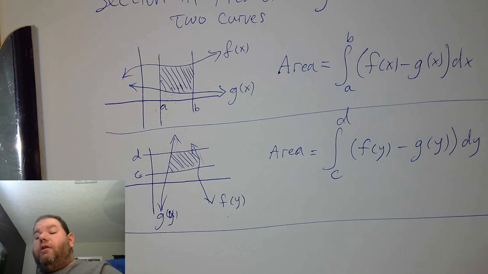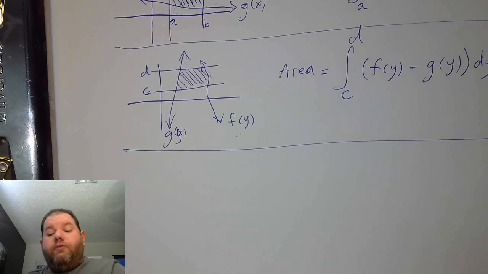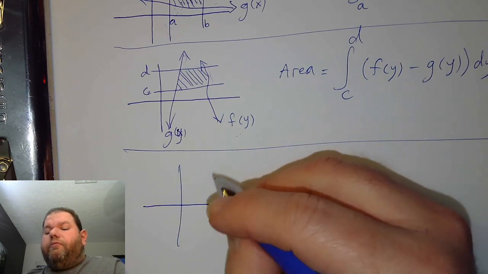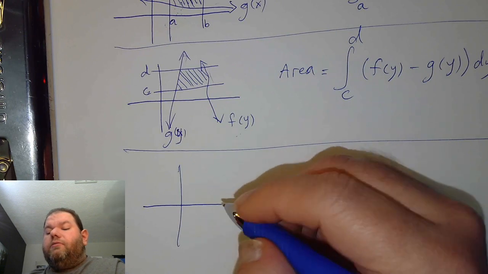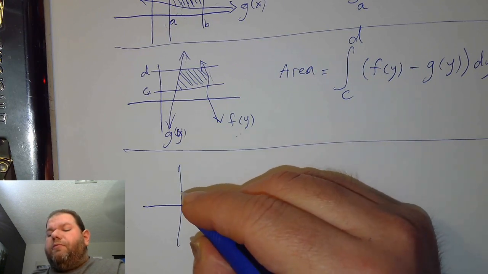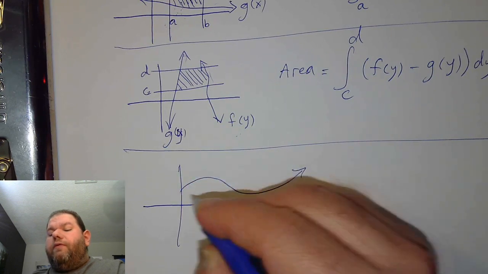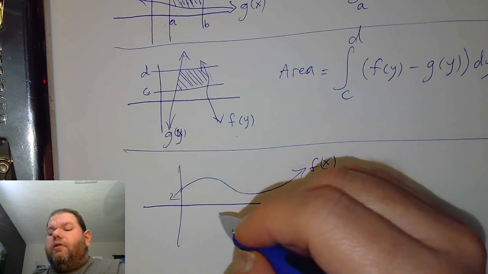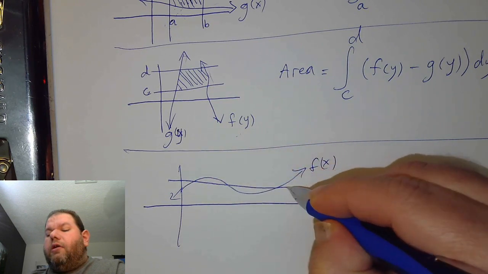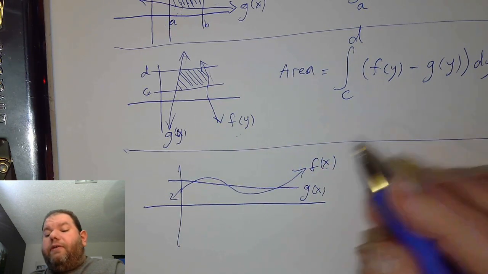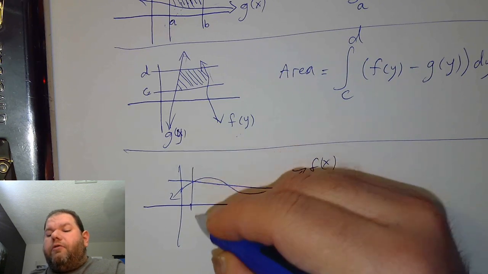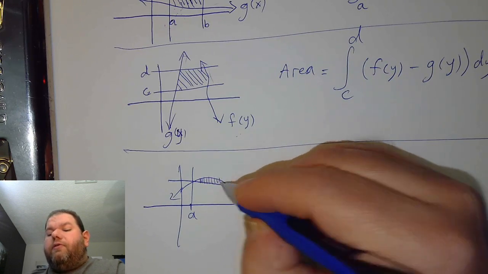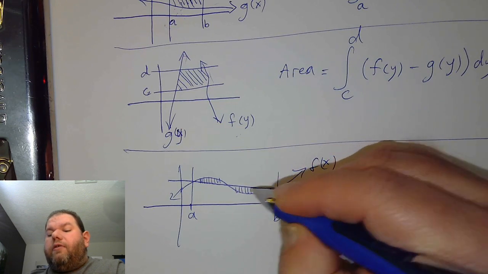Alright. Now, another situation which may arise: what happens if we have a curve f of x and we have another line or curve g of x, and we want the area from a to b, but we look at this area between the two, and there's actually a point in between.